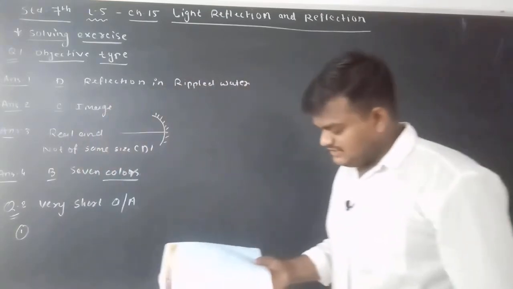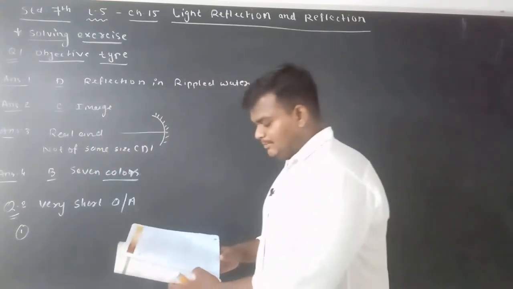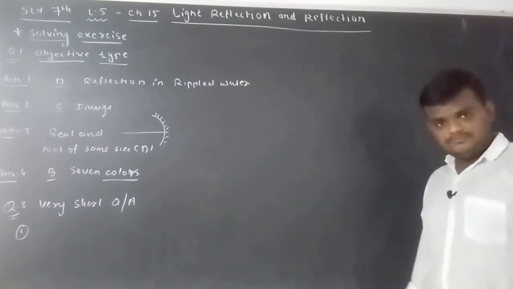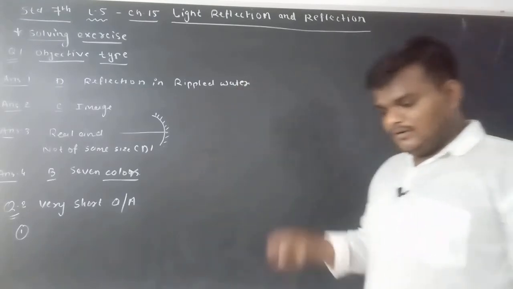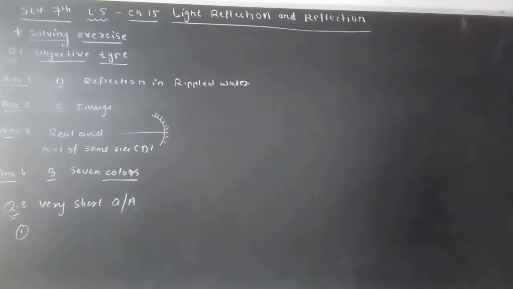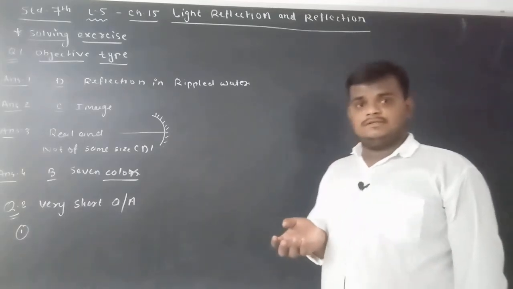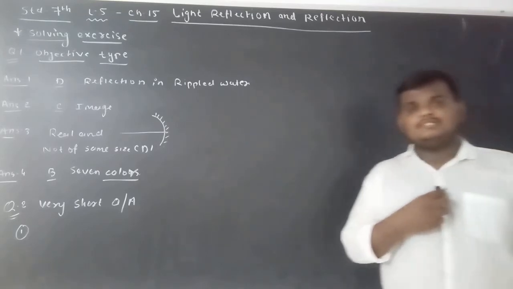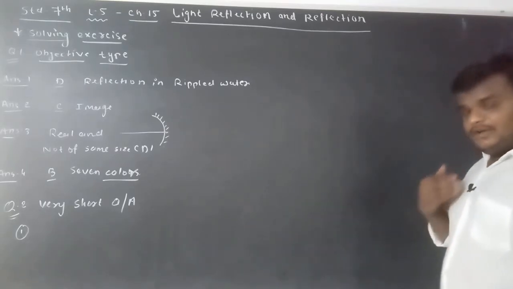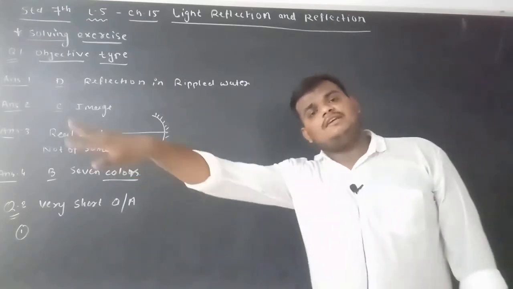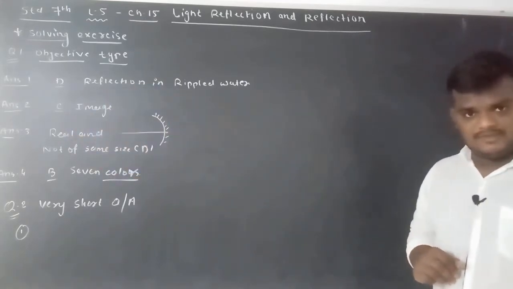In the first question it is given the property of light to travel in a straight line. This property is known as what? कौन सी प्रॉपर्टी है जिसकी वजह से ये स्ट्रेट लाइन में एकदम मूव करता है?